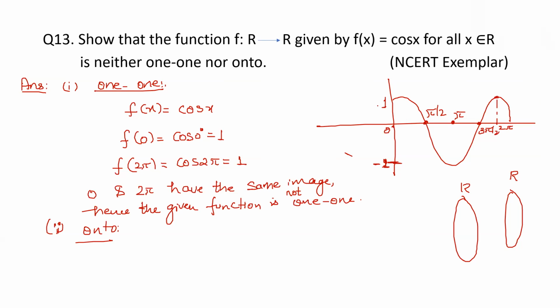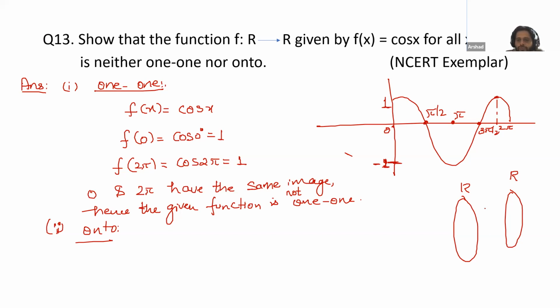You can check from the graph. So the cosine function will take the maximum value 1 and minimum value minus 1. So you will get all the values from -1 to 1 here.